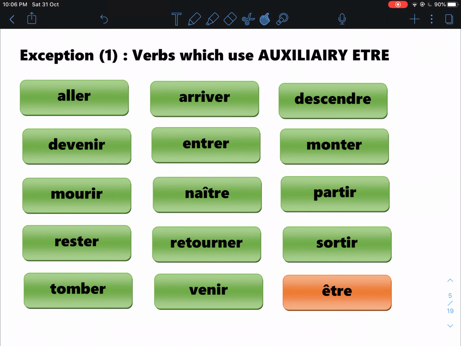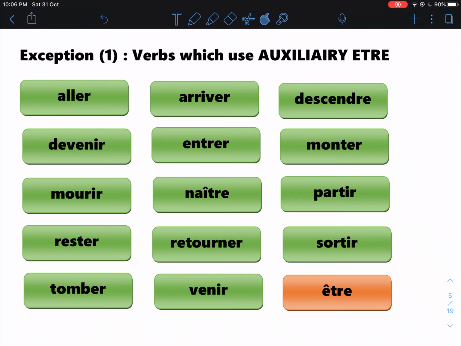Now let's look at the 2 exceptions. This is the first exception: the verbs which use auxiliary être to form a passé composé. So the first exception is all the verbs listed below. They use auxiliary être.